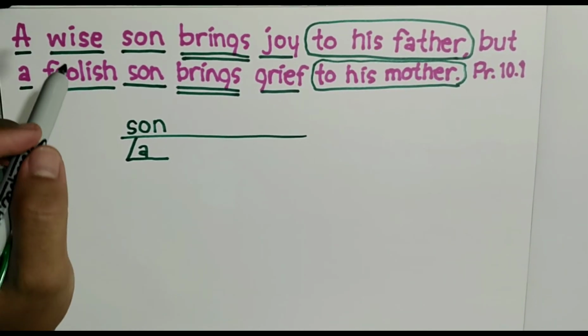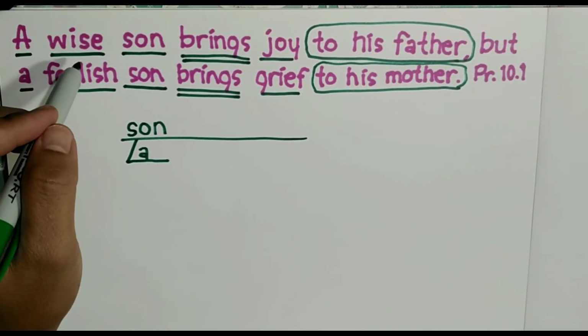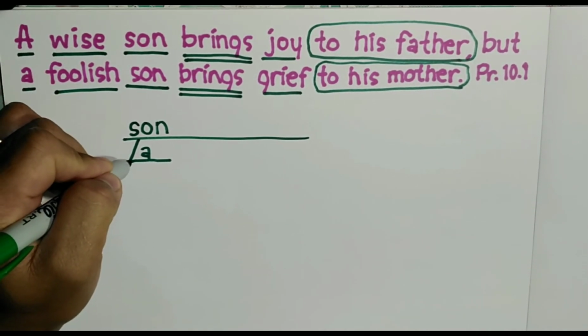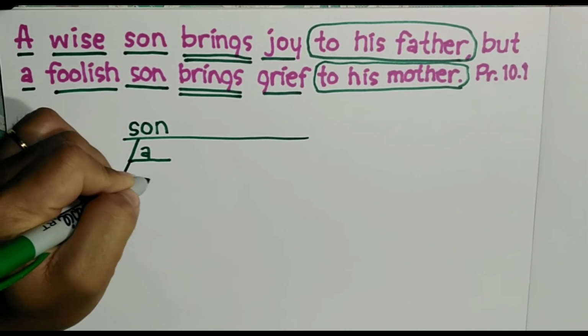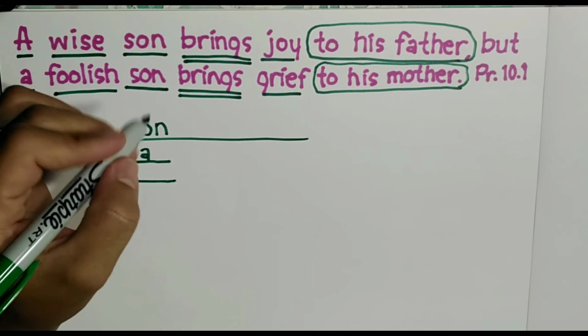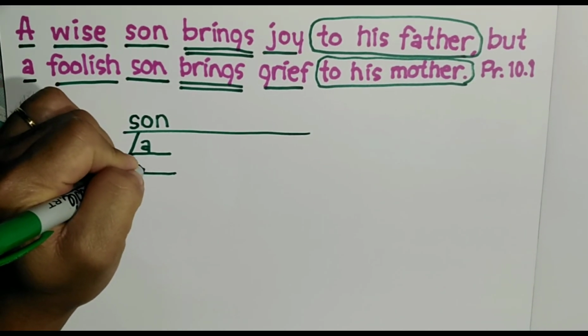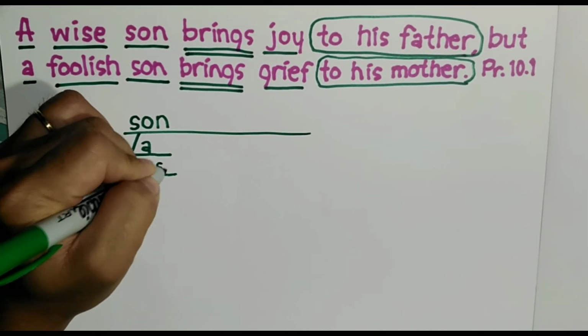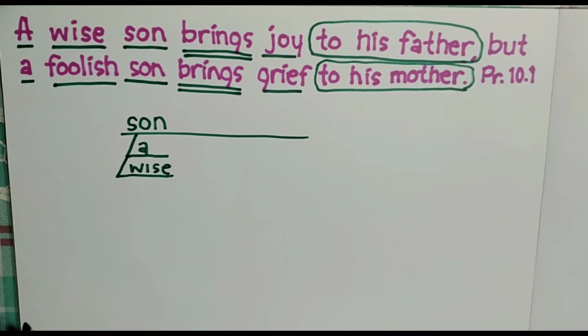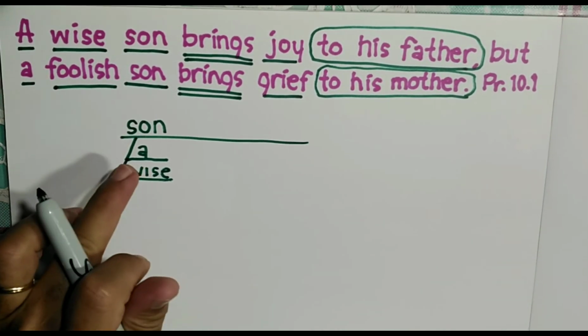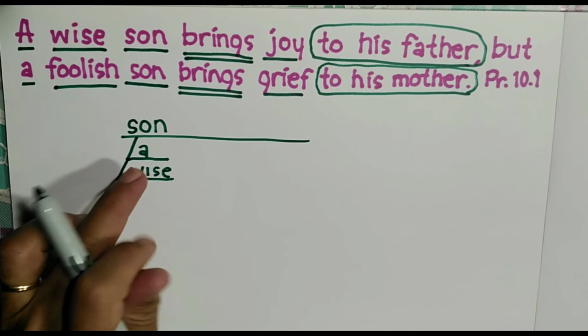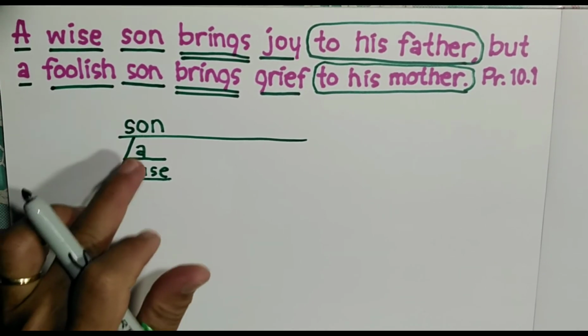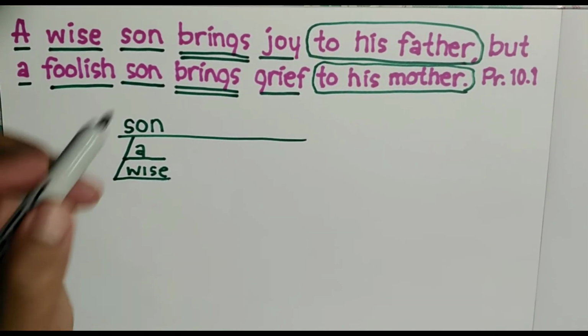Okay, what else? What kind of son? Wise son. Since it describes a son, I'll put another line here. A wise son. These two words are underneath the son because they describe the son.